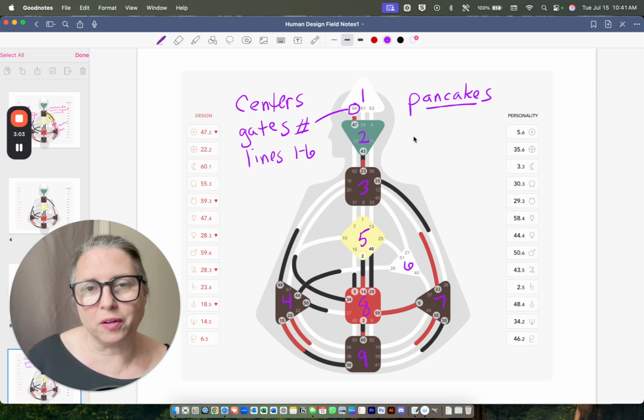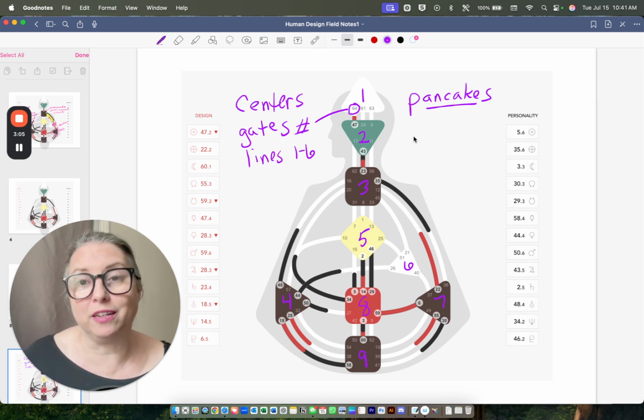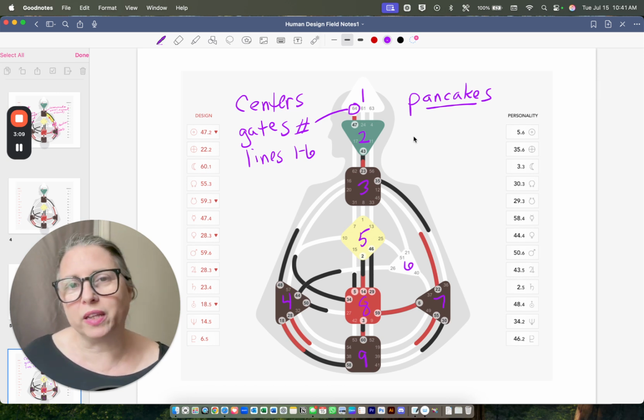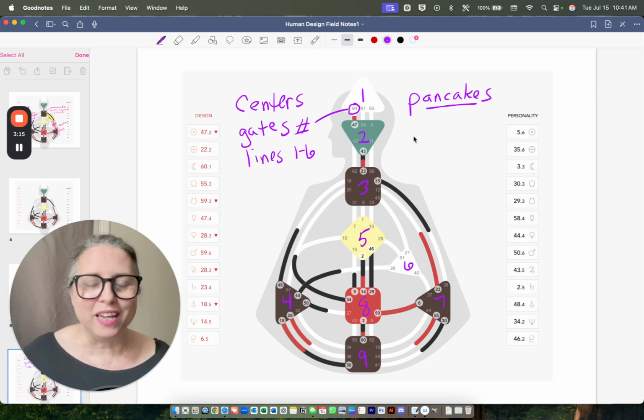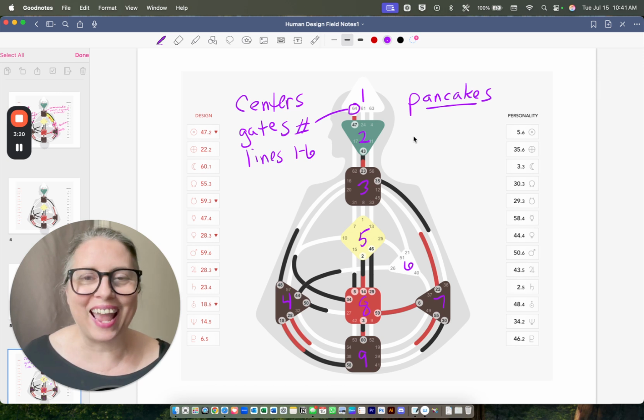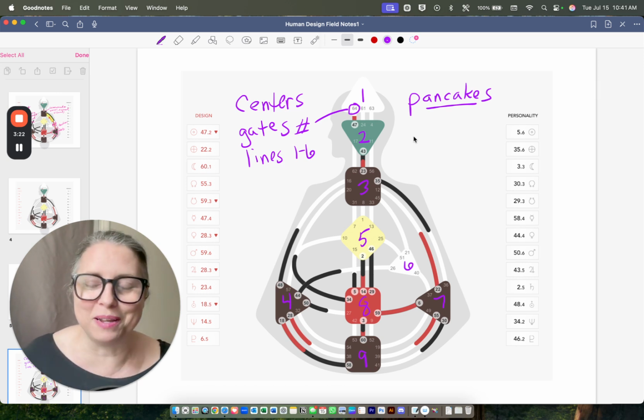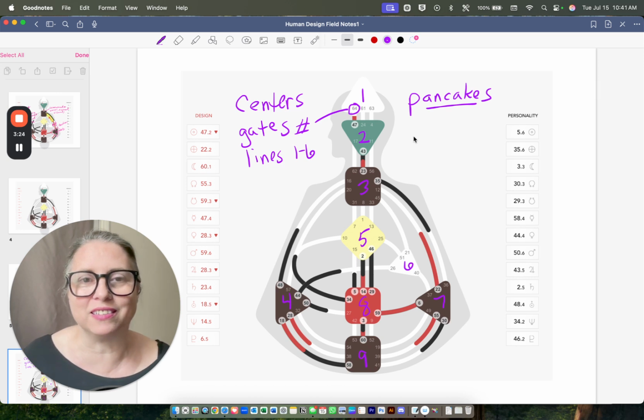He likes a lot of butter on them. I like pancakes with strawberries in it. That's my favorite. I'm not really a butter person, but sometimes I like a little bit more oil in it so they get a little bit crispy. And so we have different ways that we like our pancakes. And I guess this is why I think about pancakes, is because of this.